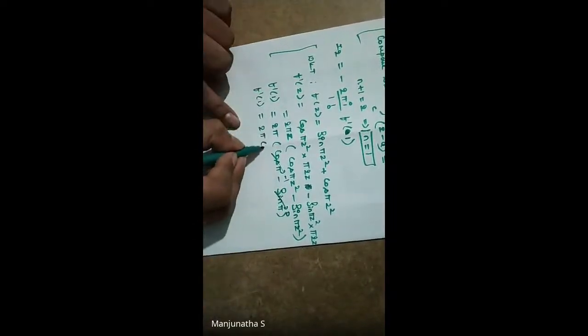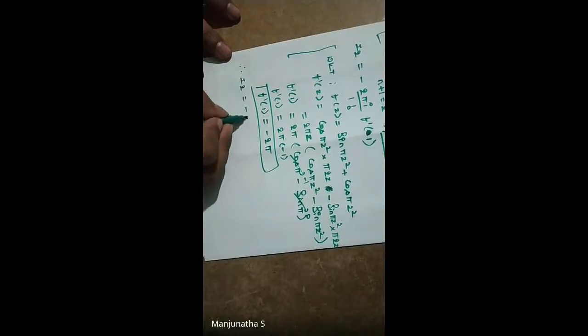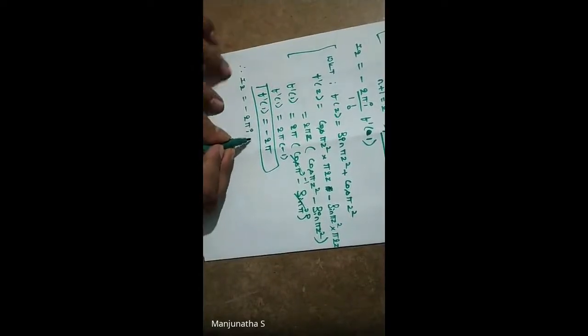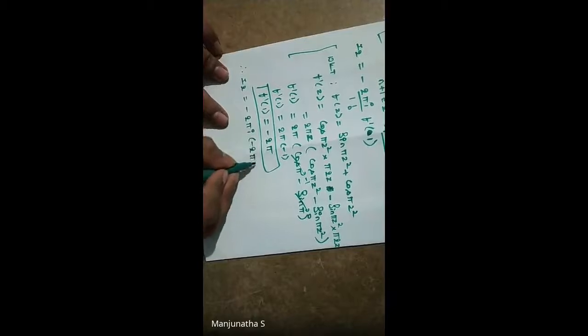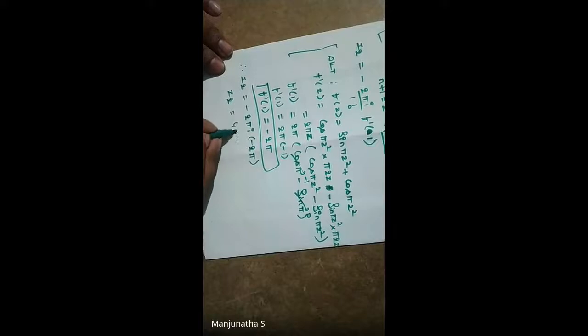So 2 pi into minus 1. So f dash of 1 is equal to minus 2 pi. Correct? So you can substitute in I2. Therefore I2 is equal to minus 2 pi i into minus 2 pi. So therefore I2 is equal to minus into minus plus, 2 2s are 4, pi into pi, 4 pi square i.